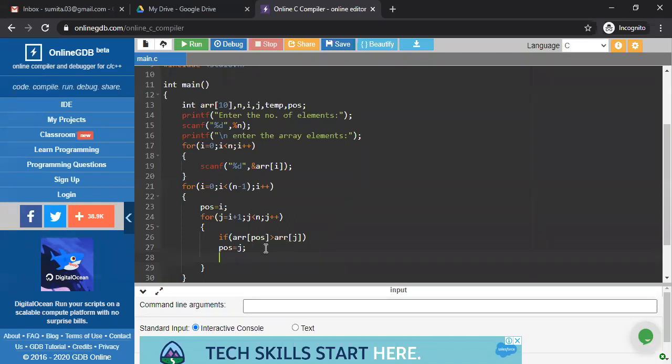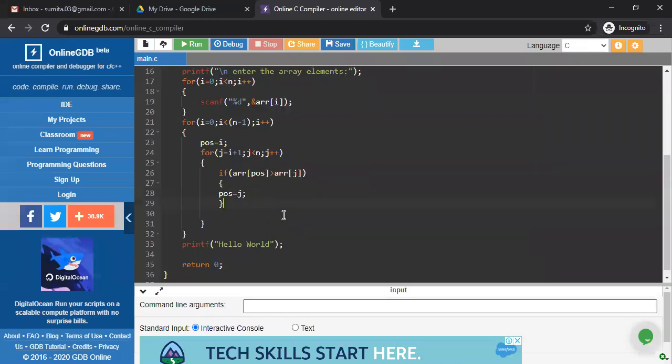Is it okay? And there must be a second bracket. First I'm writing, then I will explain.